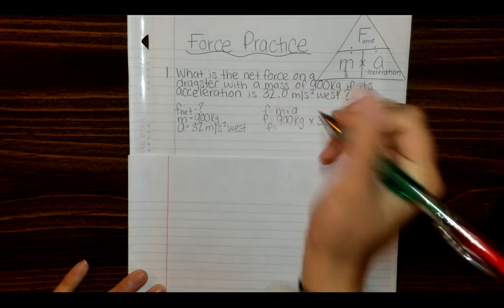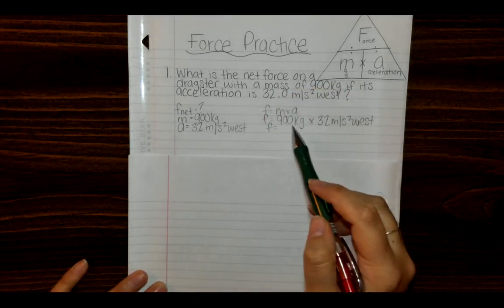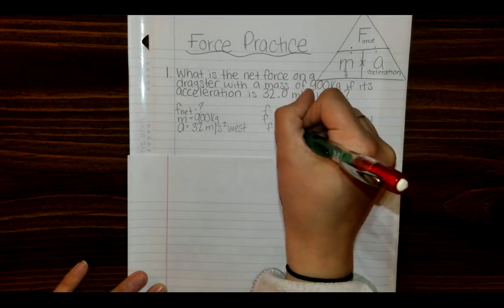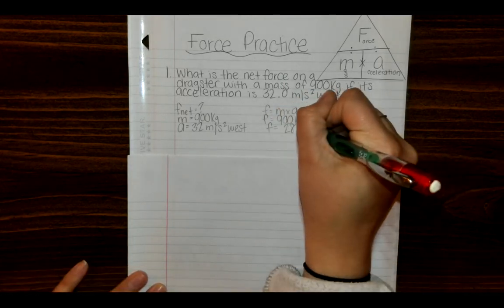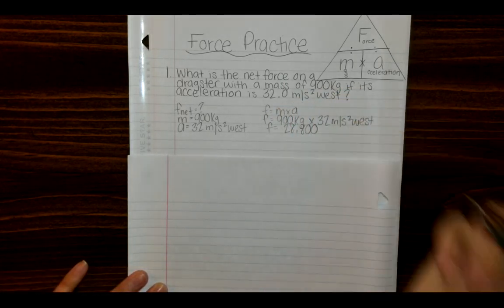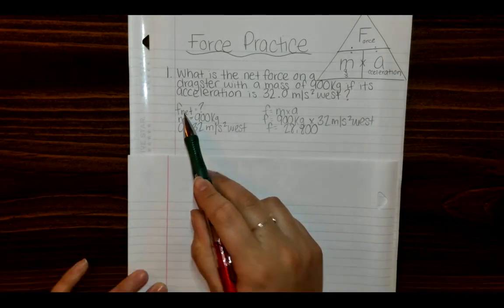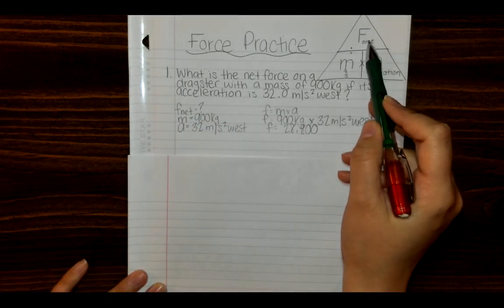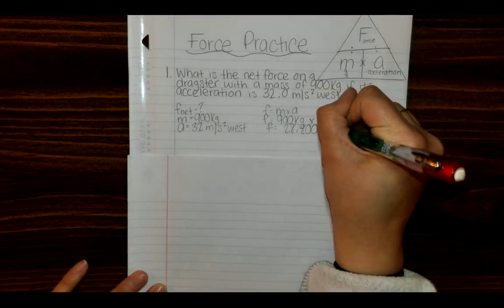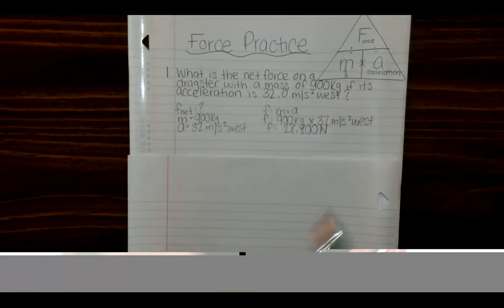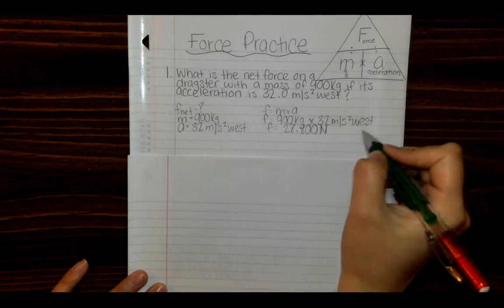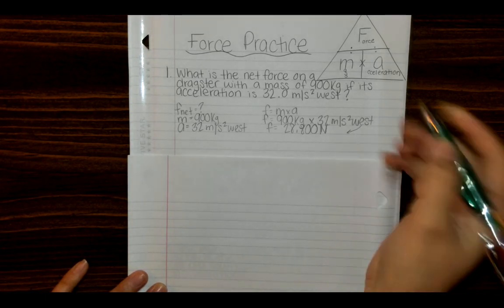I'm going to multiply those two, and when I do, I'm going to get 28,800. And because we are looking for our force, we know that our unit for force is newtons, represented by a capital N. So we know that that is our force. Plus, we're also going to bring down this direction.